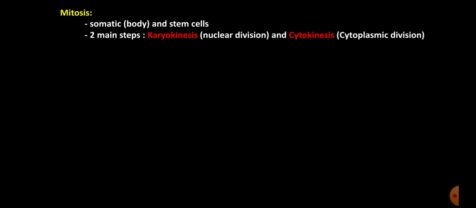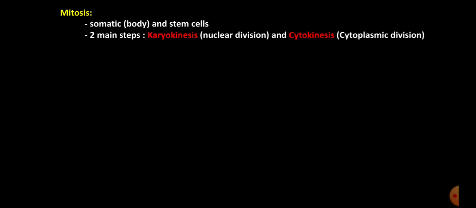Now karyokinesis is nuclear division because karyokinesis is made up of two words, karyon and kinesis. Karyon means nucleus and kinesis means division. So the division of nucleus takes place and thus it is called karyokinesis.